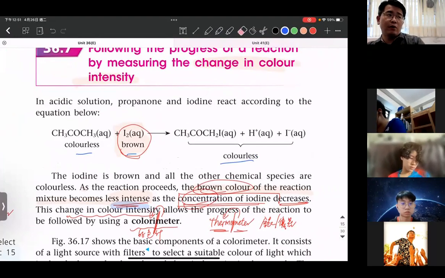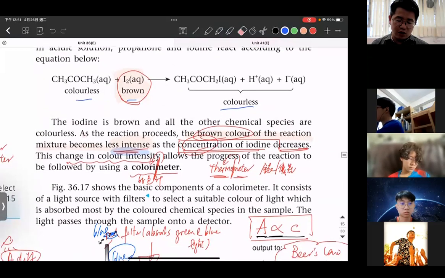I will have some instruments to help you monitor the progress of the reaction. That's why I use a colorimeter. The colorimeter is the instrument which helps measure the color intensity. But how will you know whether it is dark or pale, right?